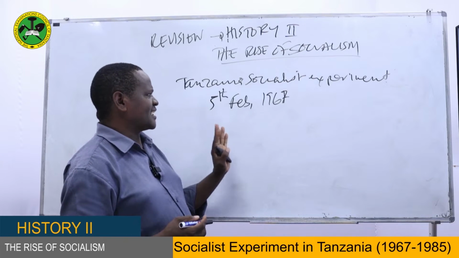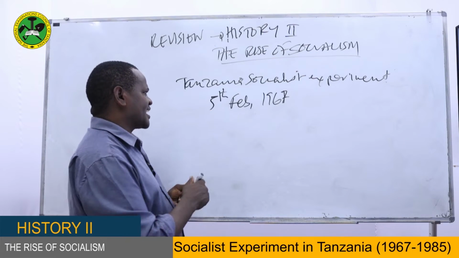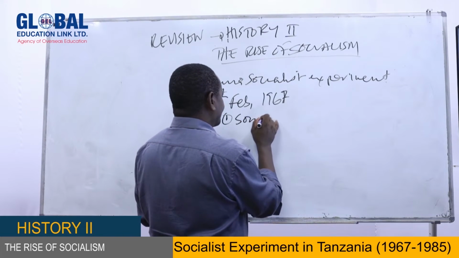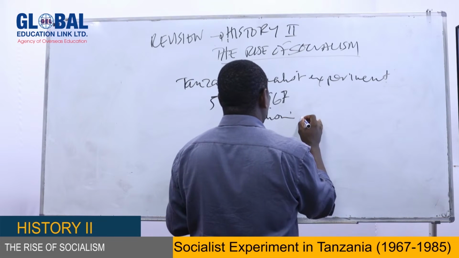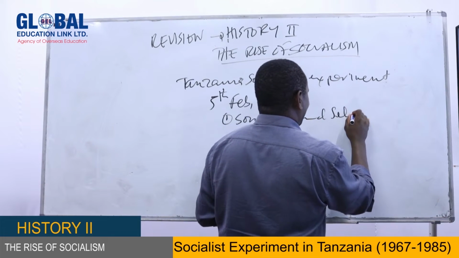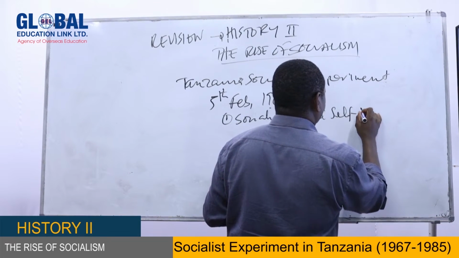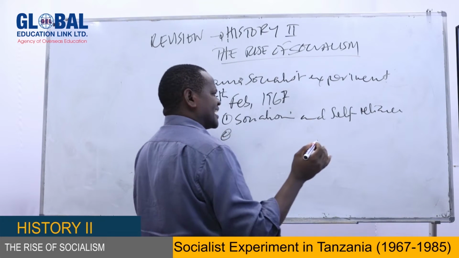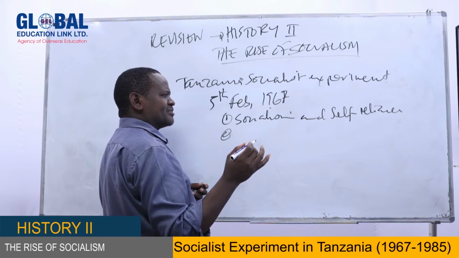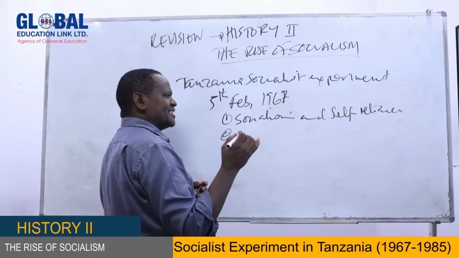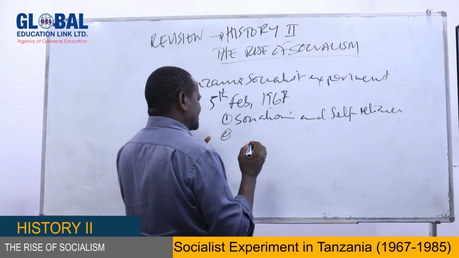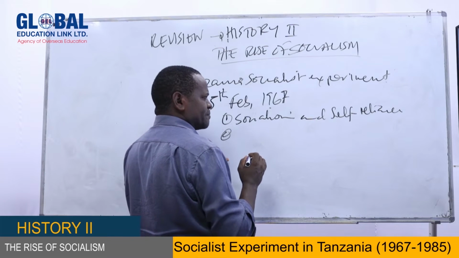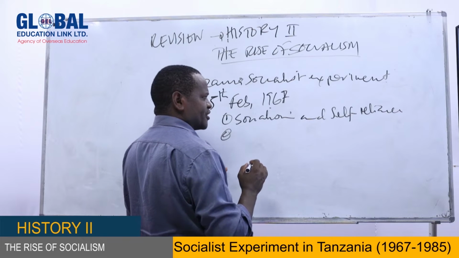The declaration outlined things like, first, it gave out the policy of socialism and self-reliance. But the second thing is that it also explained socialism or ujamaa, the principles of ujamaa, as the vision to develop the nation's economy.